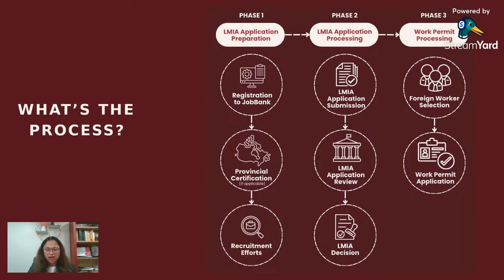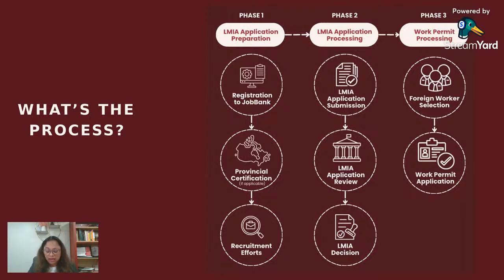The LMIA ESDC application has more to do with the employer. So the employer initiates it. It's the employer that provides the recruitment efforts, the documents, and most of the information on the LMIA application.